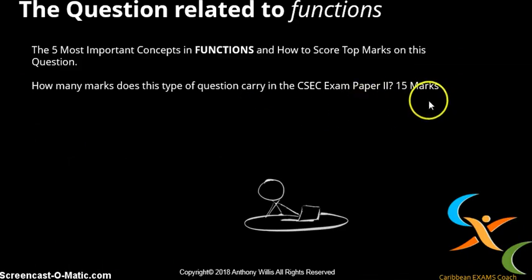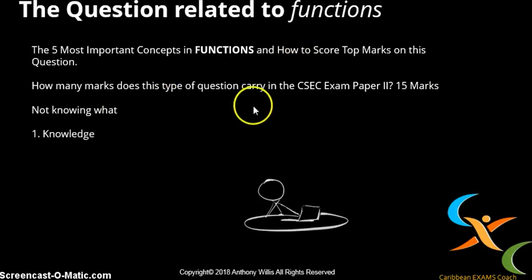Yes, they perform poorly on this question because they do not know what a function is and how to determine if something is a function. The question in the exam tests your knowledge of what functions are, how to determine them, your skills at solving problems related to functions, and your competencies, how you apply them to a new situation, new problem.